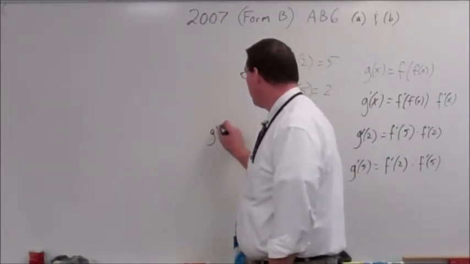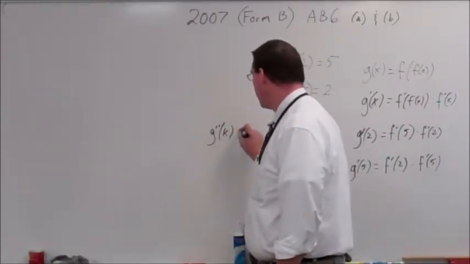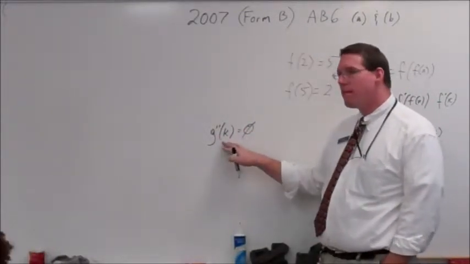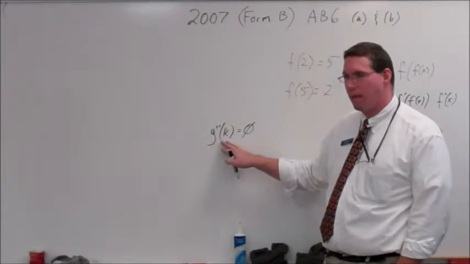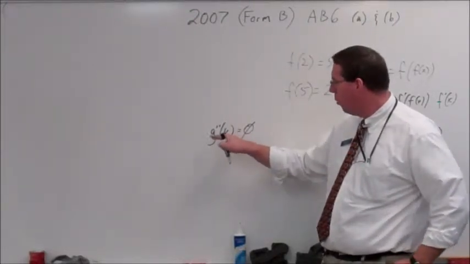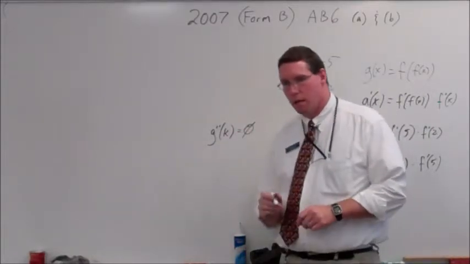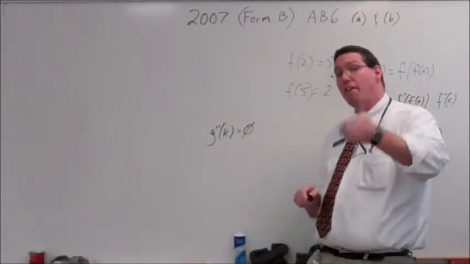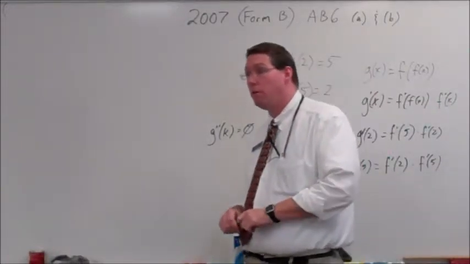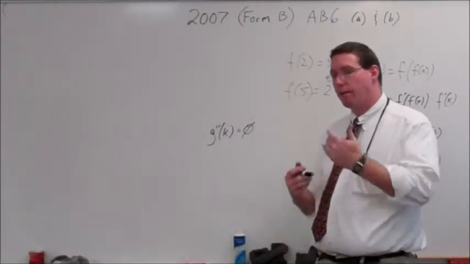G double prime of k equals 0. What is this? You really should practice saying these things in language other than just their symbols. What does this mean? The derivative of the derivative at k equals 0. Okay? That's one way of saying it. Now let's say it another way.